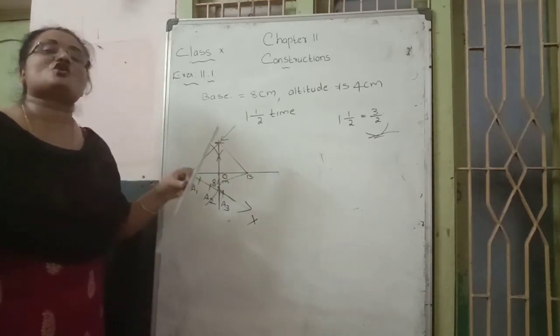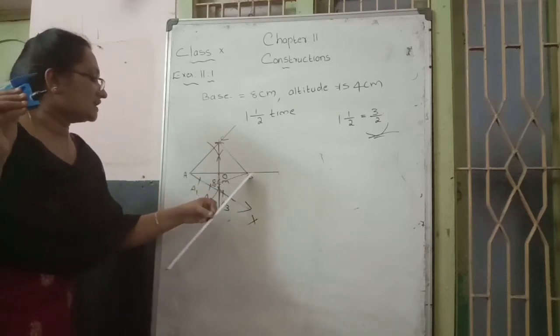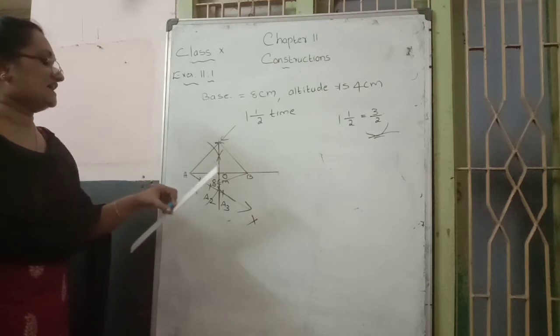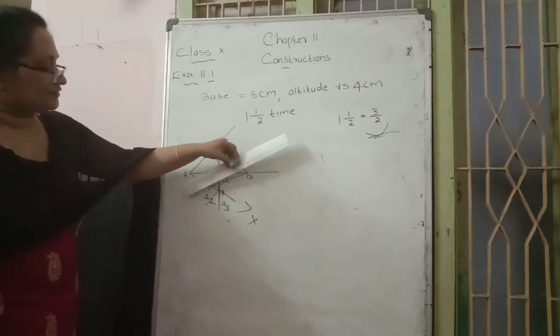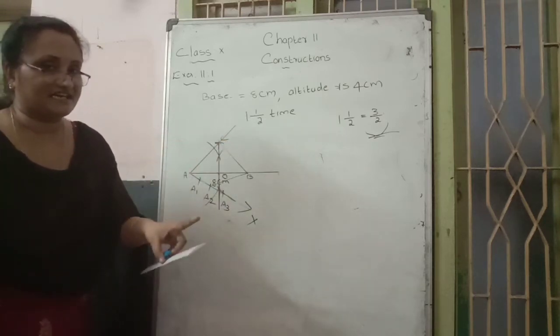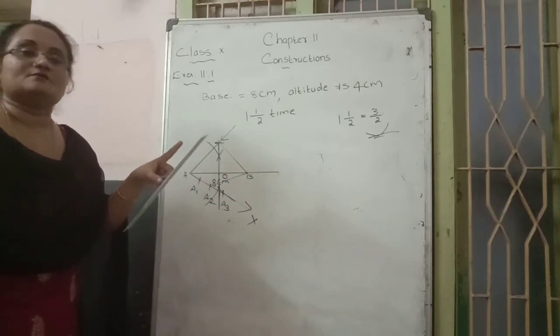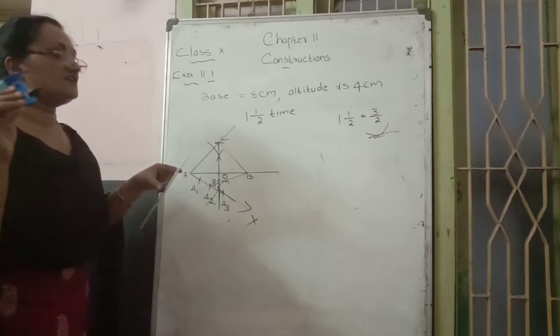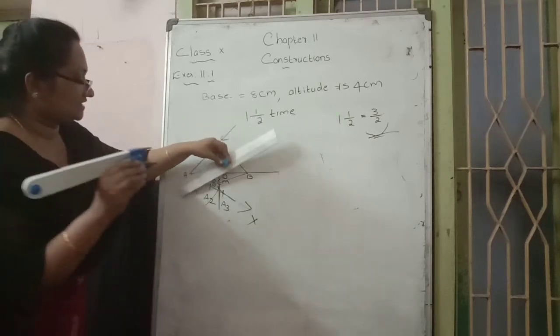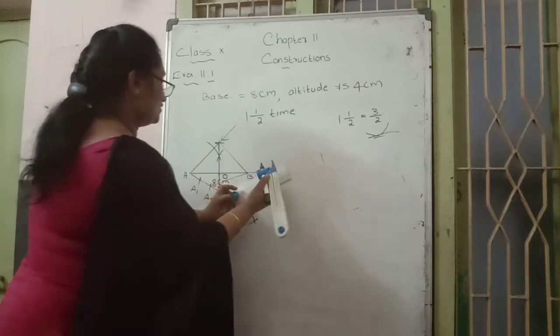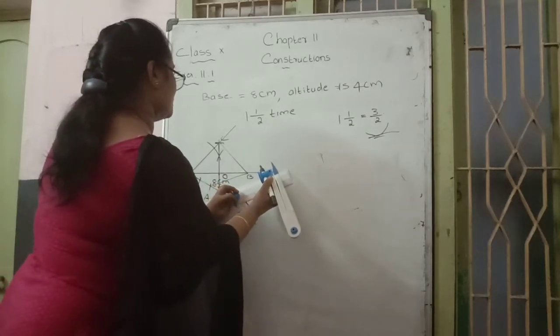Next process, draw the parallel line to the AB line. How to draw the parallel line? From A3, there are two methods. Directly draw the parallel line, or do an arc construction. So from A3, adjust the scale and draw the parallel line.